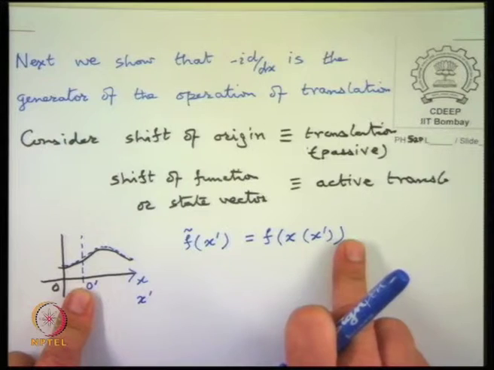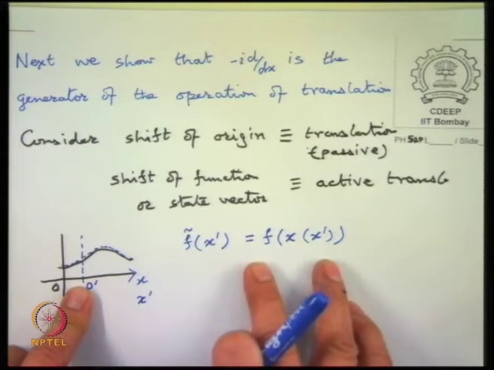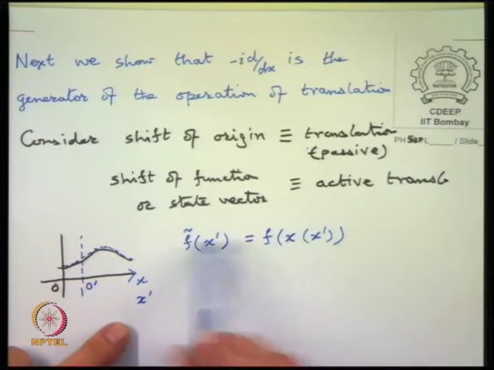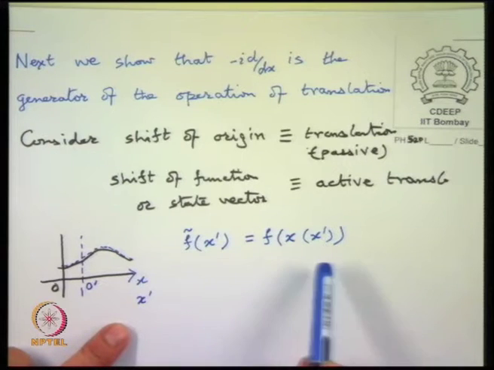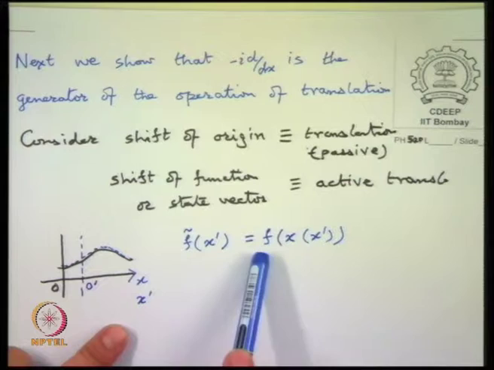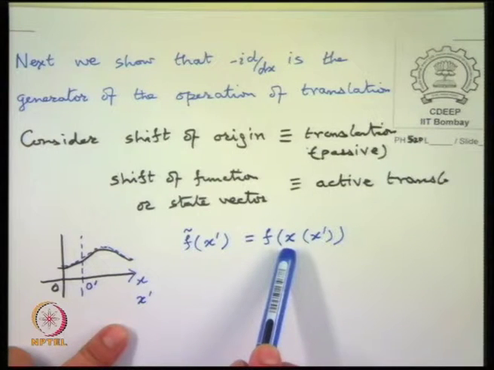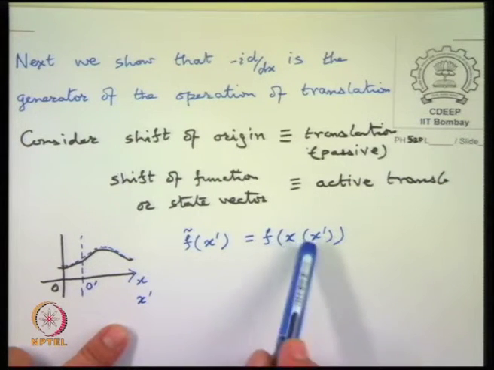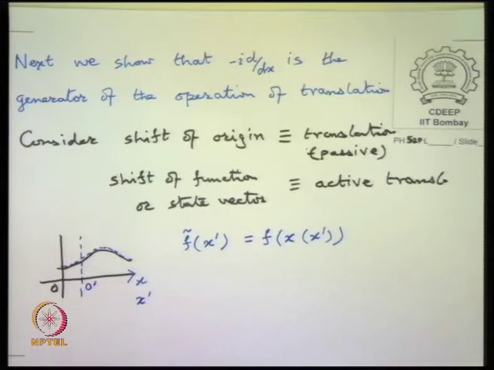Okay. So the way it is written, the domains of both are the same. Because the functional form here is f, its argument is x, but x is in the range of the transformation x to x prime.